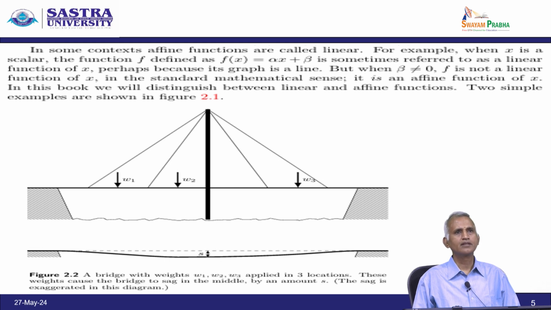Two examples are shown in figures 2.1 and 2.2. Now you can see the picture of figure 2.2, the bridge with weights W1, W2 and so on up to Wn. Here we demonstrated only 3 weights, W1, W2, W3, at 3 locations. These weights cause the bridge to sag in the middle by an amount s.